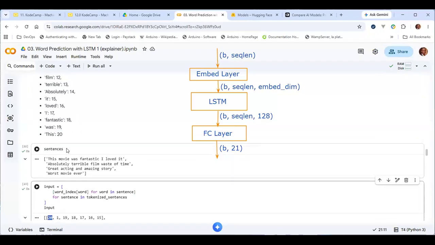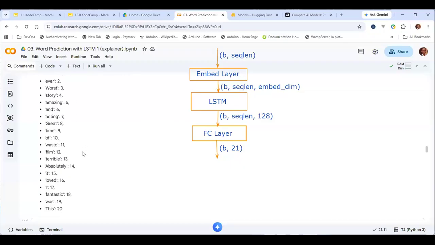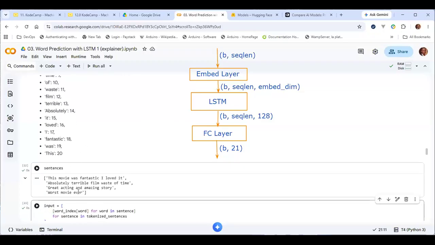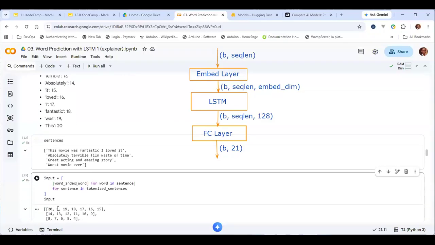Movie has position 1, so you have 1 here. Was has position 19, so you have 19 here. Fantastic has position 18, that's why you have 18 here. I has position 17, so you have 17 here. Loved has position 16, so you have 16. It has position 15, so you have 15.